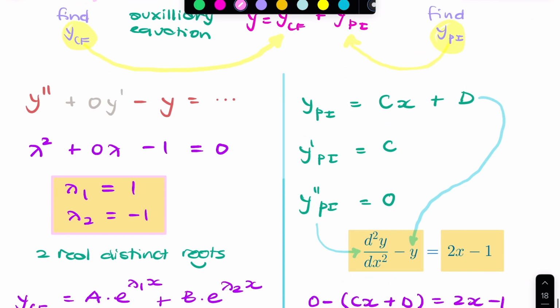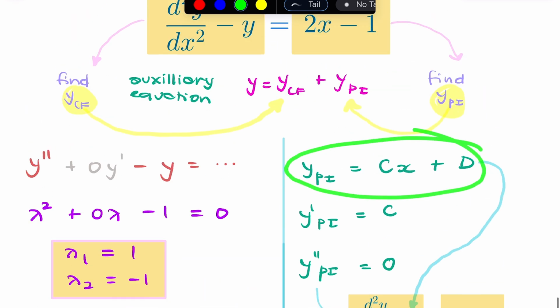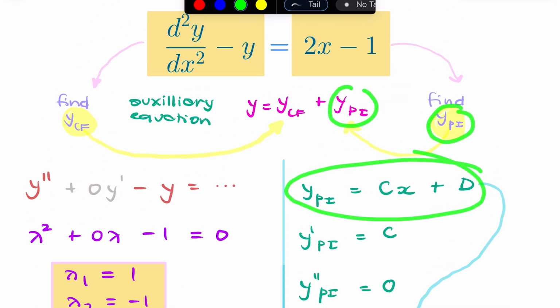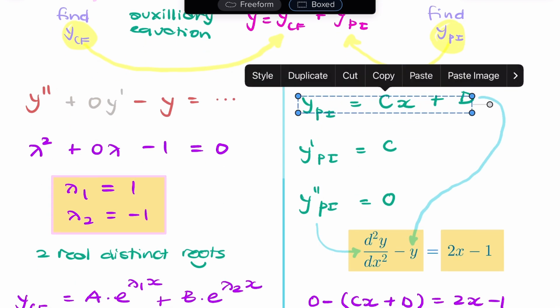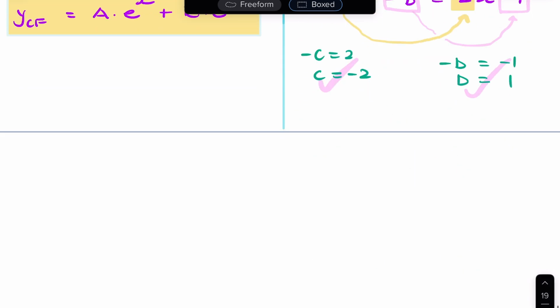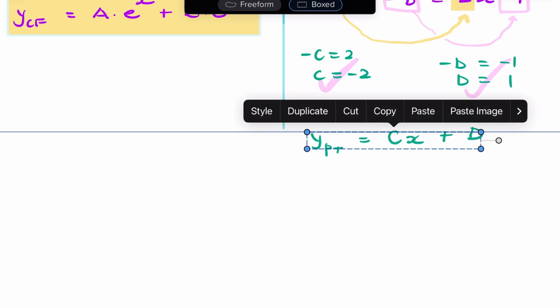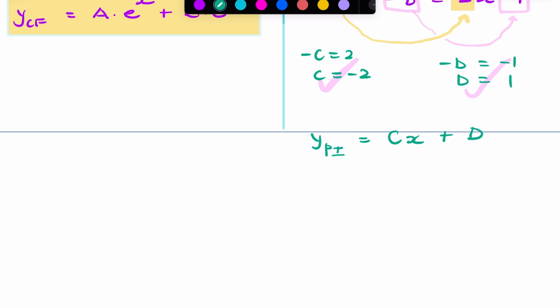We can write our particular integral because that's what we're trying to find. So I'll copy this, and I can now write my particular integral as cx plus d. So that's negative 2 in there and 1 there.